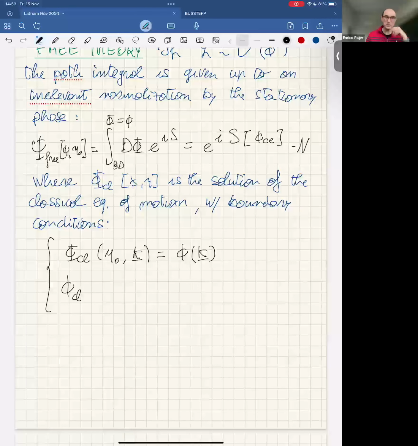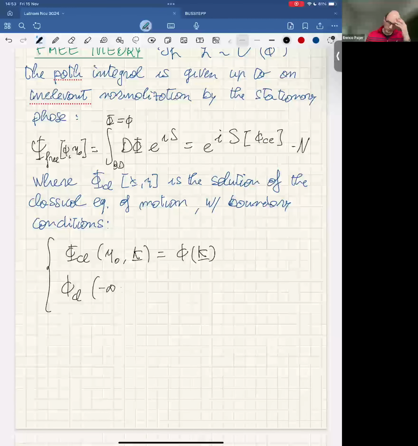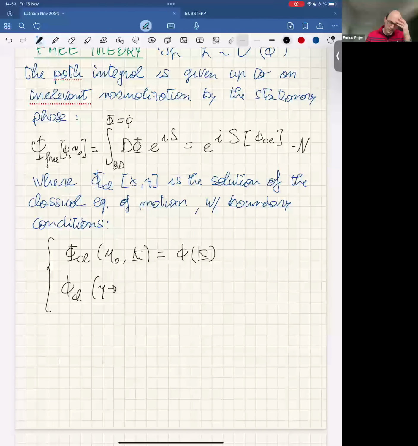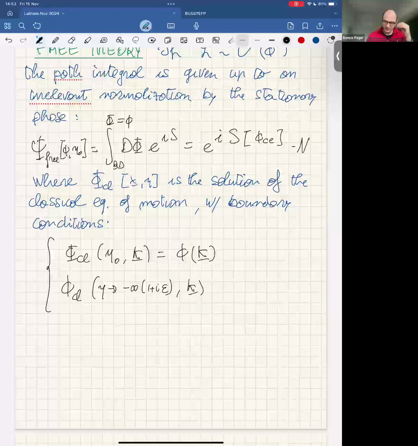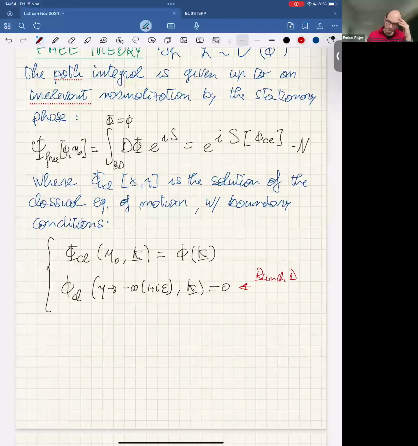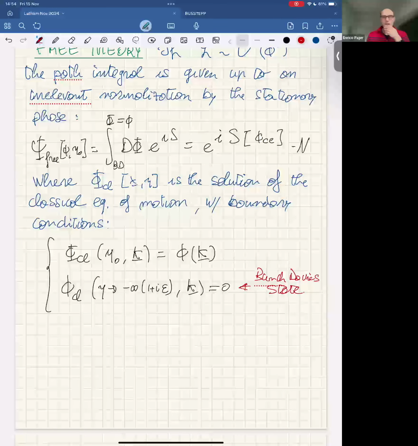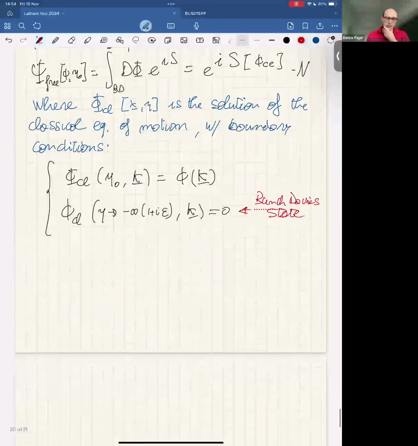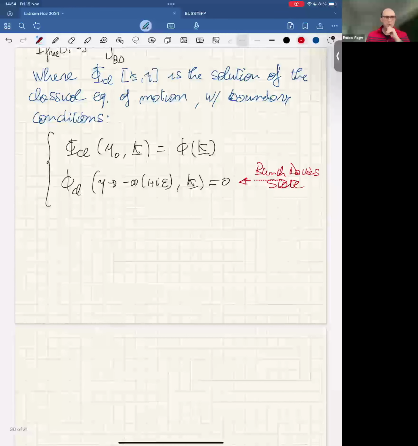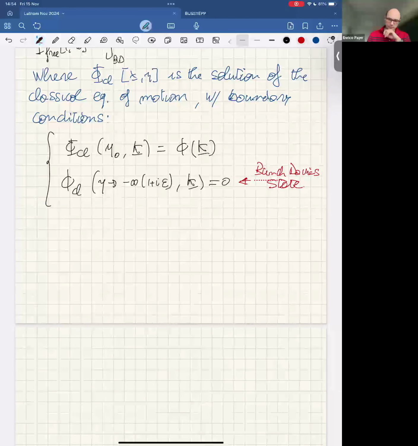And the other boundary condition, I'm giving it at minus infinity. The condition is that if eta goes to minus infinity times 1 plus i epsilon, then this thing vanishes. So this is what imposes the Bunch-Davies initial state. And I could prove to you that this i epsilon is the one that projects on this state, but I will not do it.